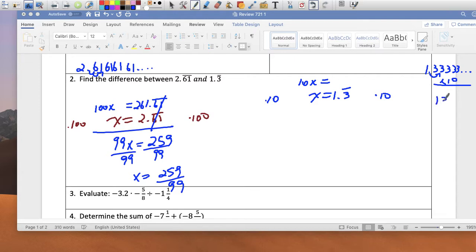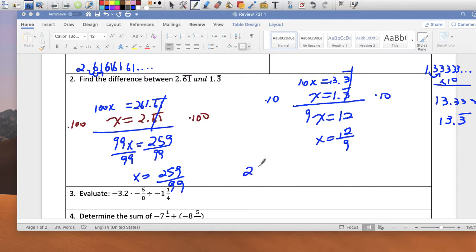So it's going to be 13.3333 bar notation. So times 10, this becomes 13.3 bar notation. We can subtract now: 9x. These will cross out. 13 minus 1 is 12. And x is going to equal 12 over 9.